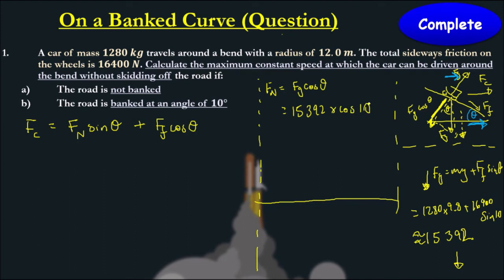And I'm using the original number of the answer, so not the rounded off one that you can see there, so it might slightly differ if you write that number down. But with cos, we get a value of our normal force to be roughly 15,158 newtons. So that's our normal force.